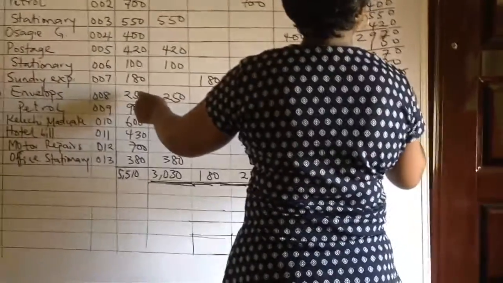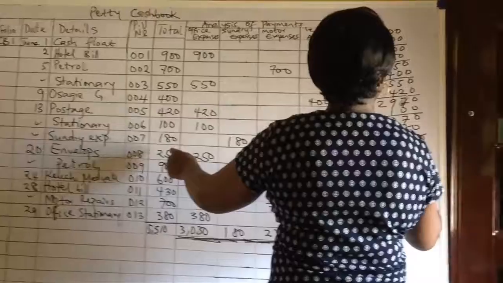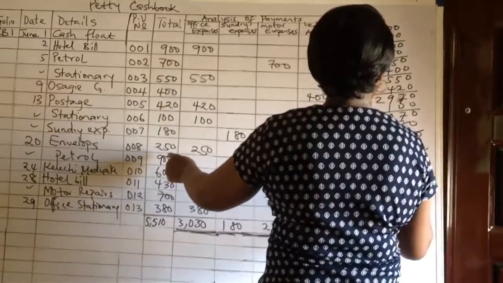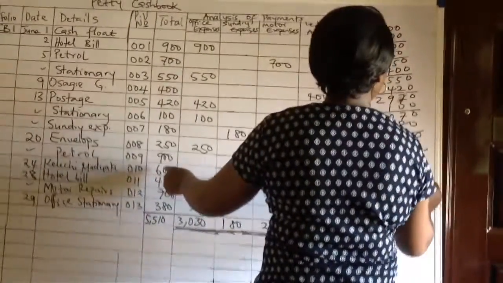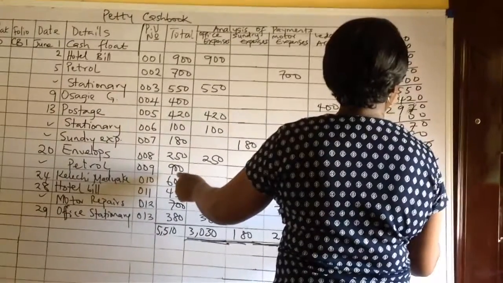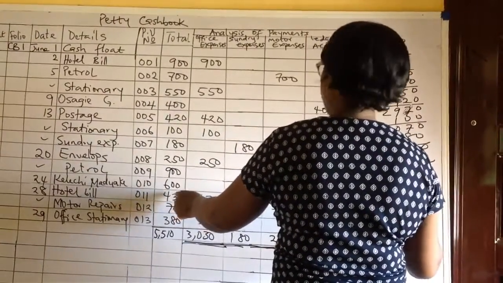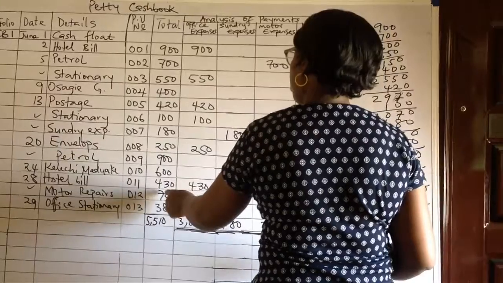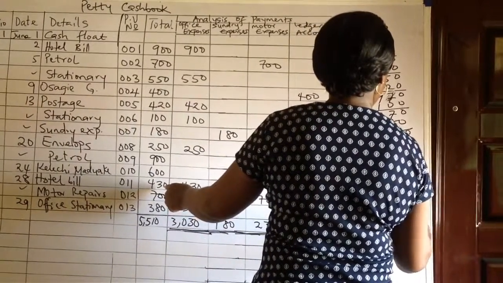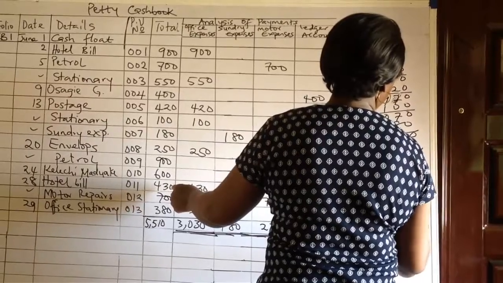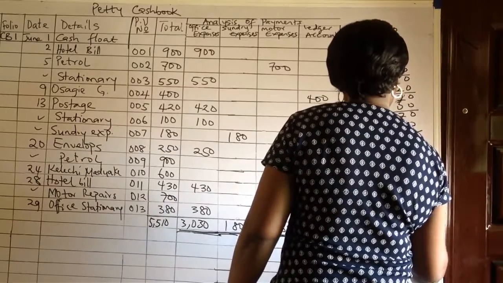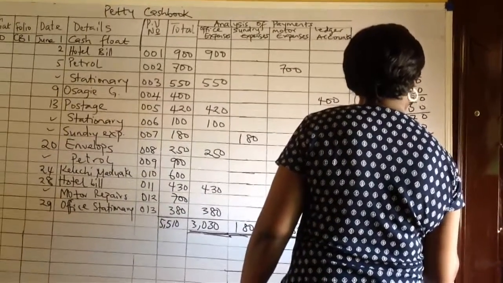We have 3,500, 900, 4,400, 600, 5,000, 430, 5,430, 700, 6,130, 380, 6,510.